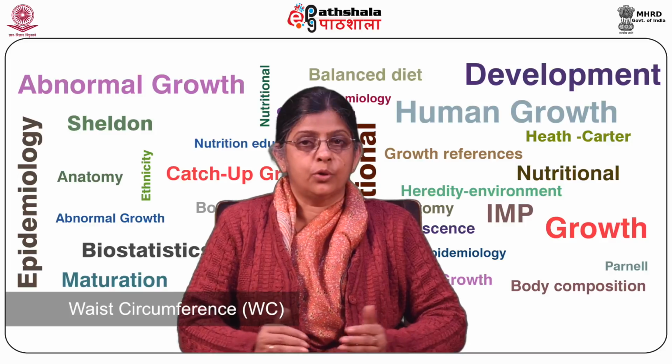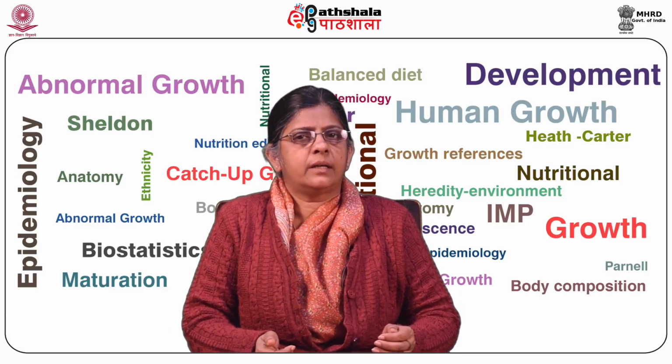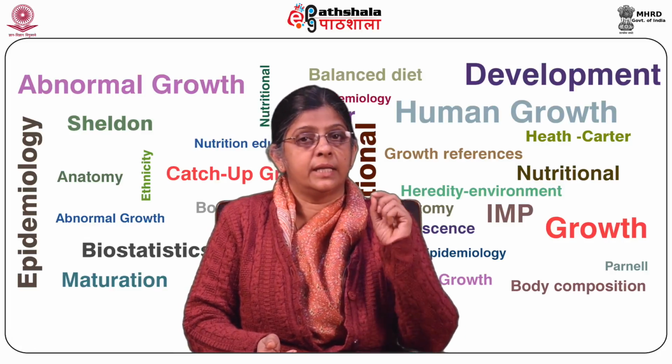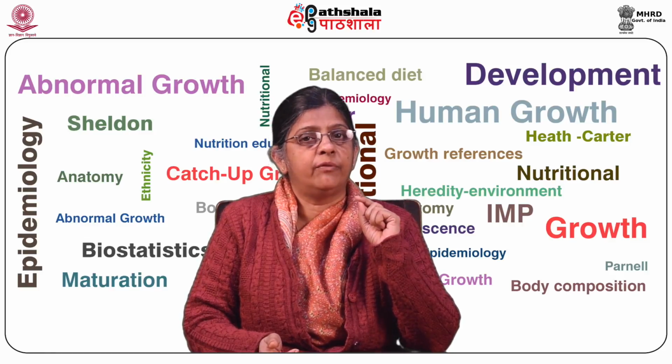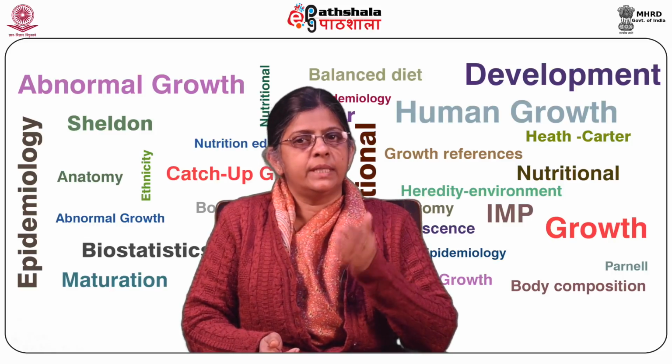Waist circumference, also denoted as WC: a cutoff value of greater than or equal to 102 centimeters for adult men and greater than or equal to 88 centimeters for women is recommended to identify individuals as having abdominal obesity.